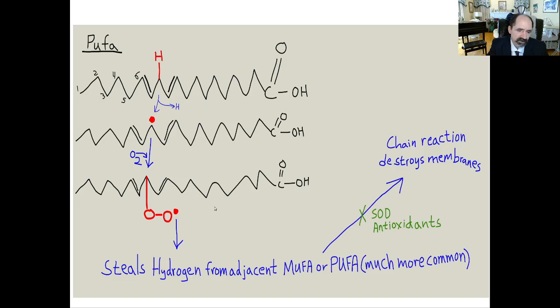And this is also one of the reasons with ingesting excessive dietary amounts of PUFAs, polyunsaturated fatty acids, meaning having double bonds in them. The more double bonds you have, the more vulnerable the fatty acid is to lipid peroxidation. So if you look at saturated fat, it's relatively unreactive because it doesn't have any double bonds.